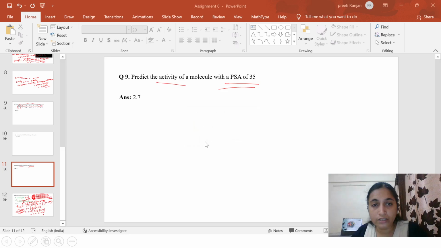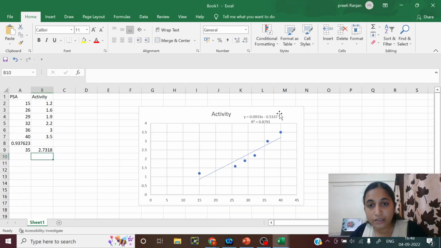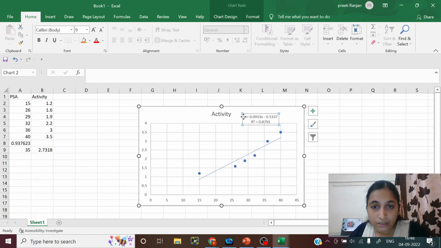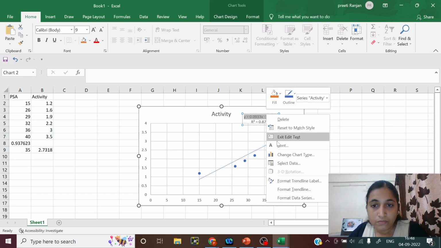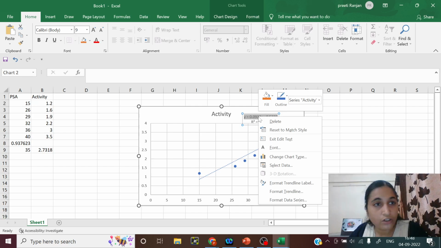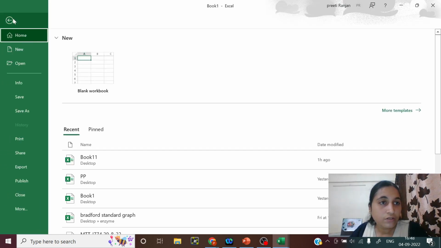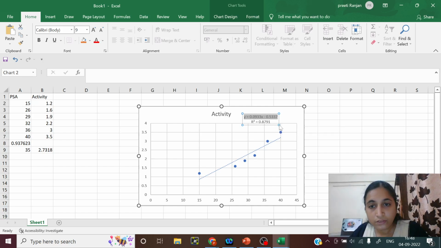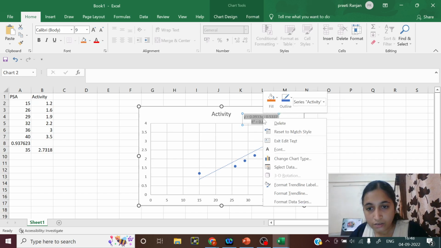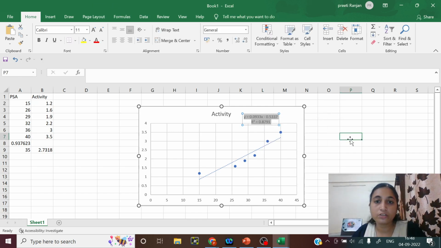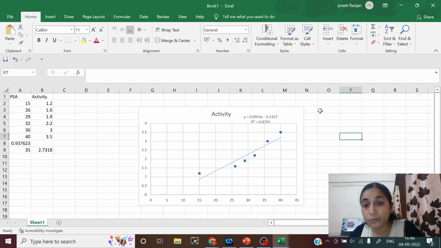So we will take this equation from here: 0.0993 x minus 0.5337.